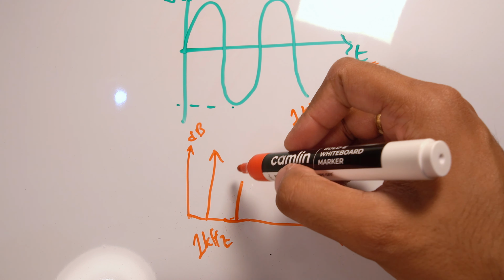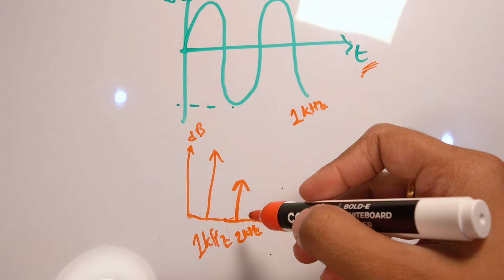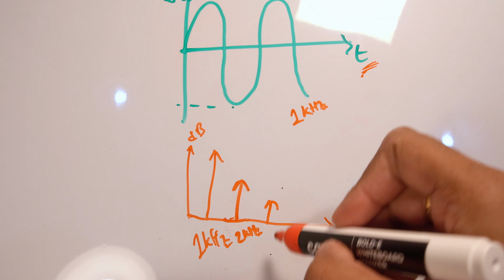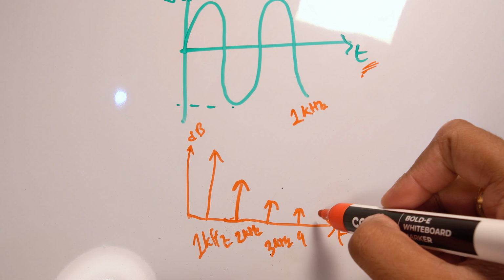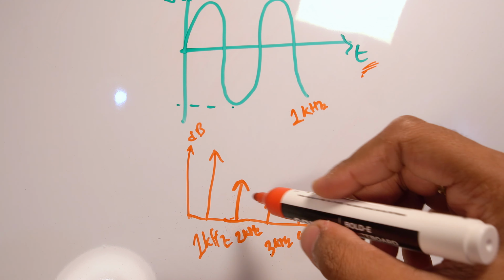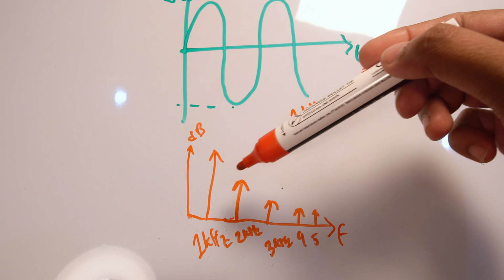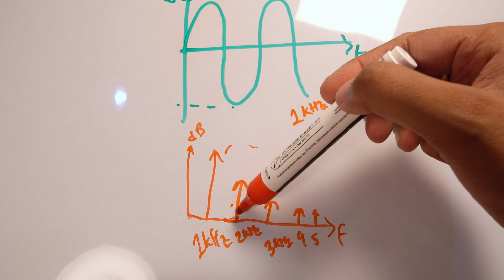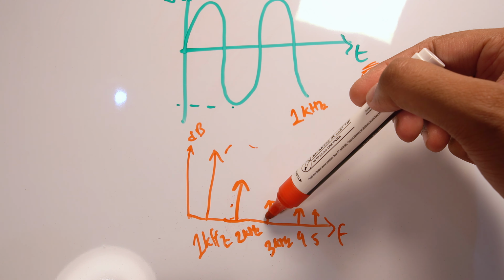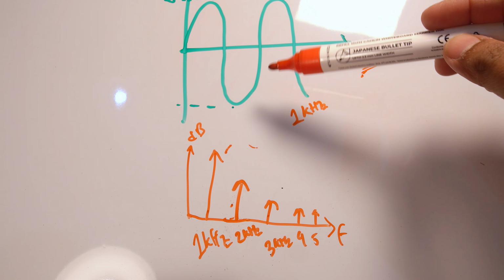Normally what we will have is one harmonic at 2 kilohertz, which is the second harmonic, then the third harmonic at 3 kilohertz, then the fourth at 4, then the fifth at 5, and it will go on. And these are harmonics because these are related to our fundamental. Its second harmonic is multiplied by 2, this is multiplied by 3, this is multiplied by 4. So these are all harmonics of this signal.